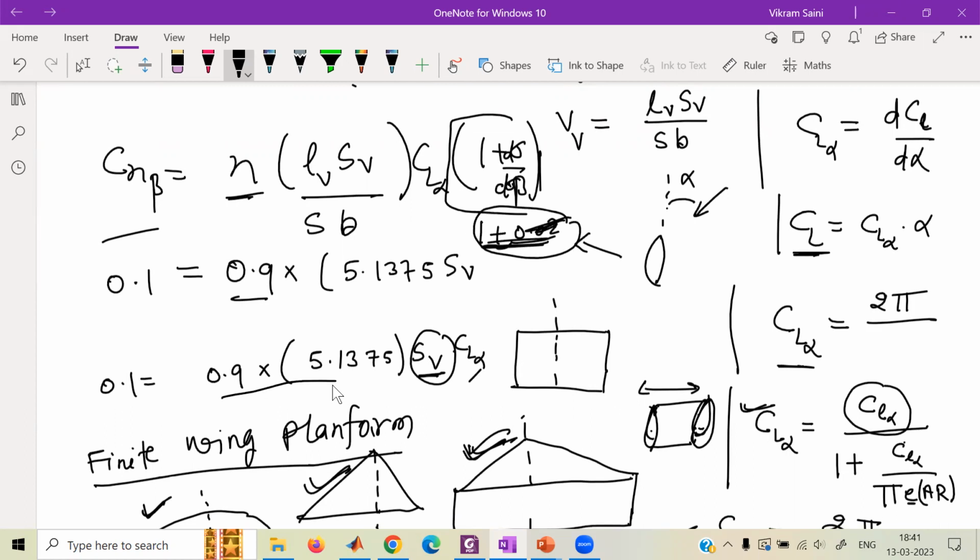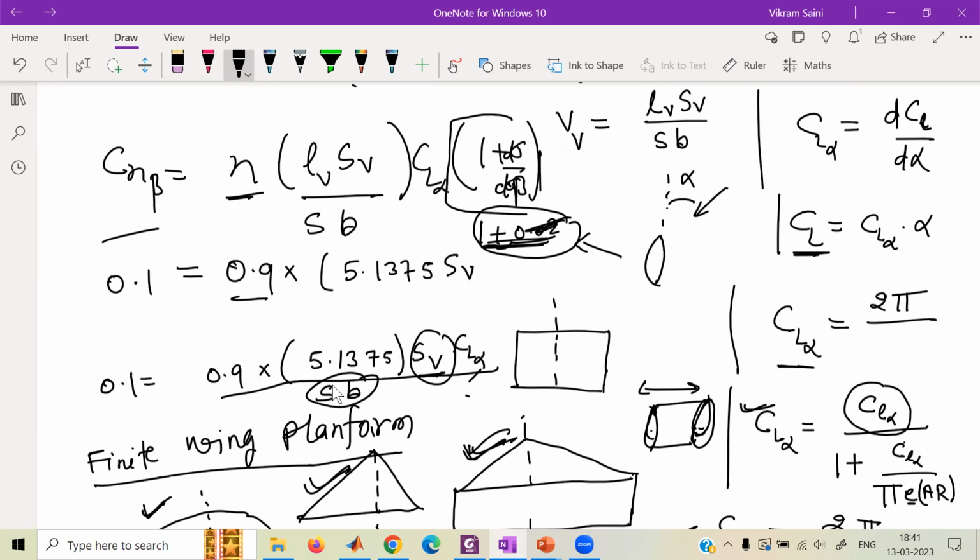And how about S times B? We'll find out these numbers from the geometry that is given to us, because the wing has been designed. So also remember the sequence. First, you design the wing, you design the geometry of the fuselage, and then you come to the design of vertical and horizontal tail.